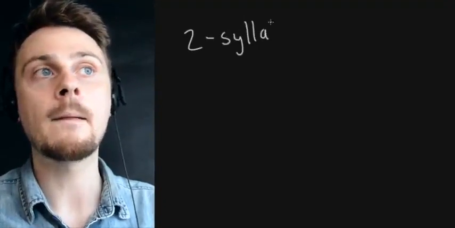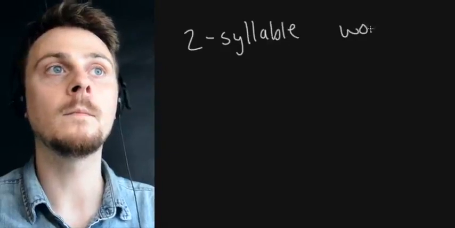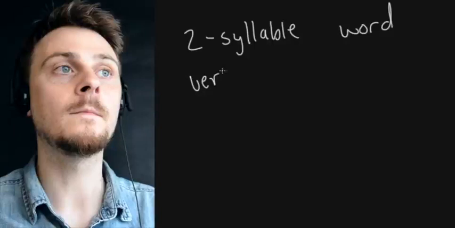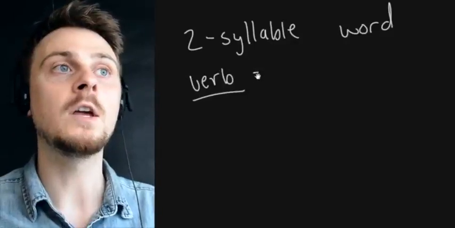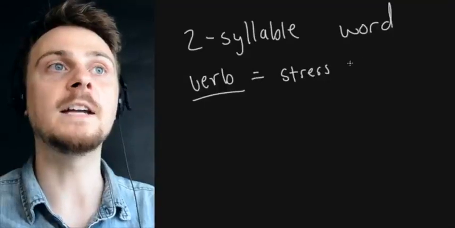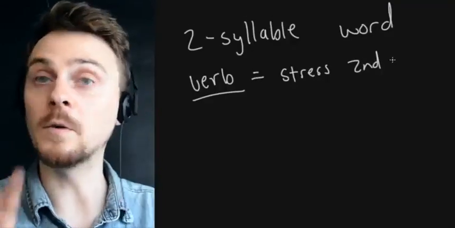So let's start by talking about the difference between basic nouns and verbs. If you have a two-syllable word, and the two-syllable word is a verb, you want to stress the second syllable.